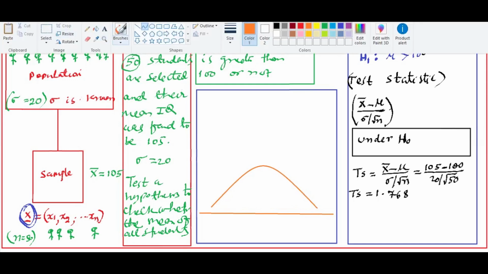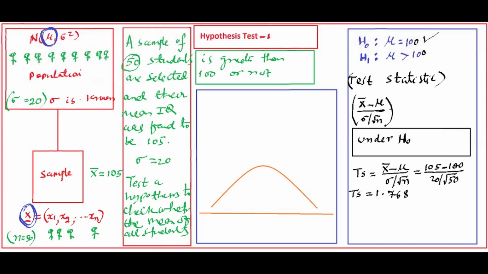So you have to fix your margin before doing anything. Margin, say one-sided, so we will take from one side only because this is a one-sided test. How can you know it's a one-sided test? You have greater than or less than sign. If you get a not equal to sign, that means both sides you have to take.